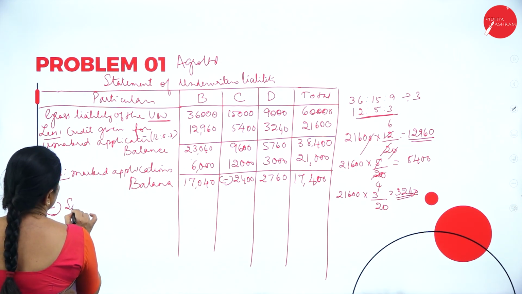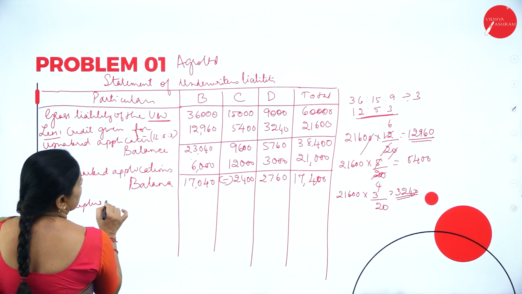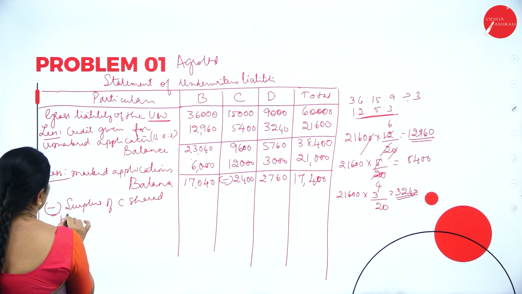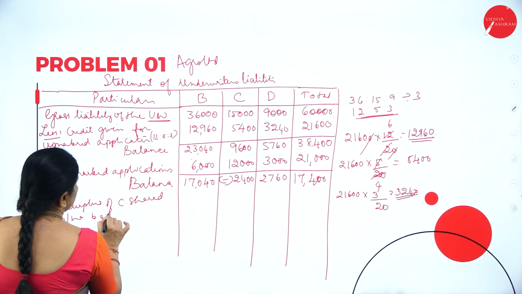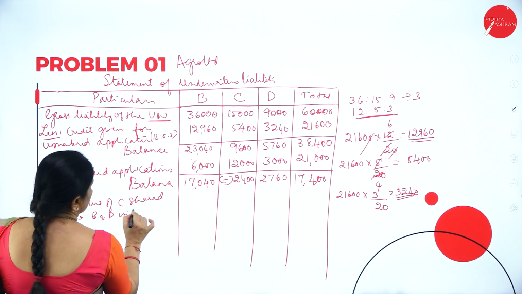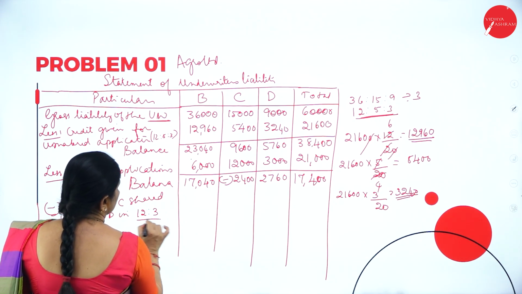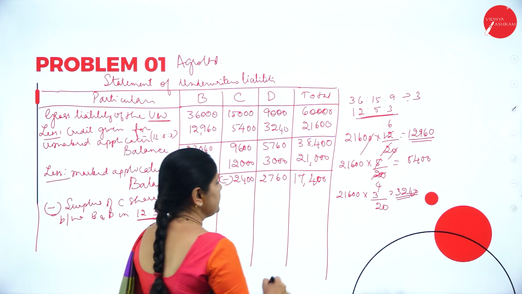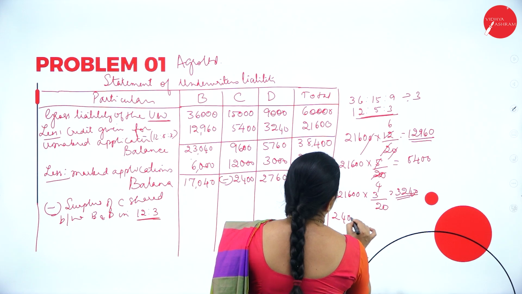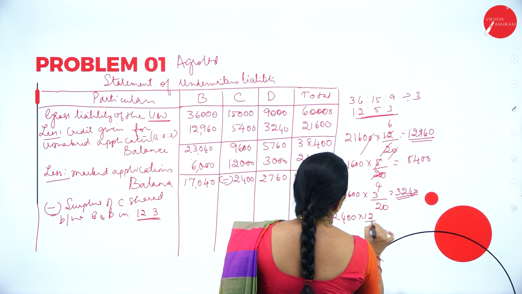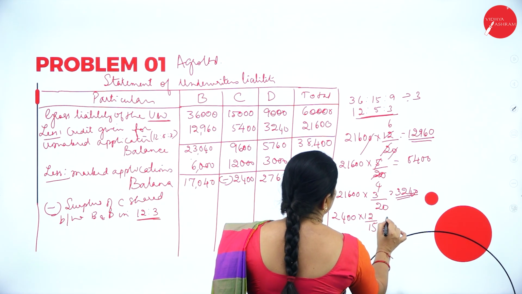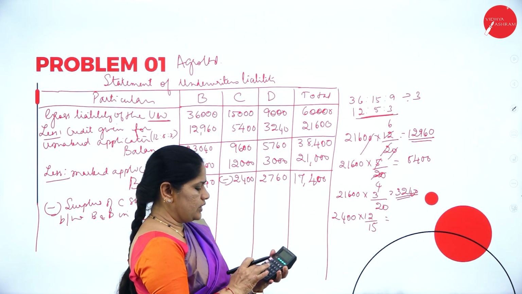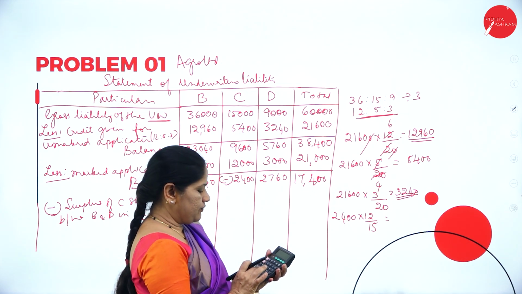Now, less surplus of C shared between B and D in 12:3 ratio. So 2,400 into 12 divided by 15.